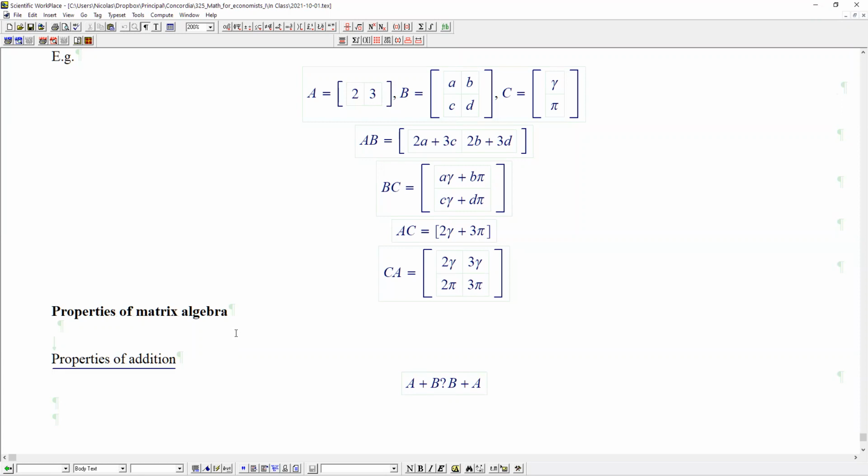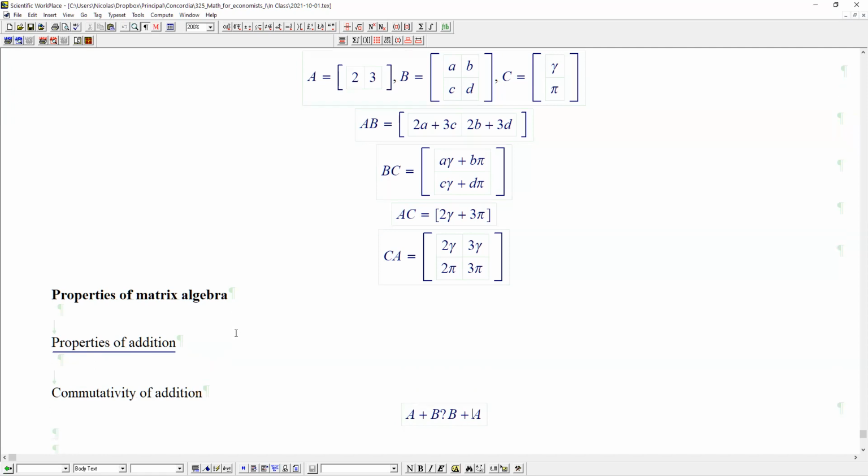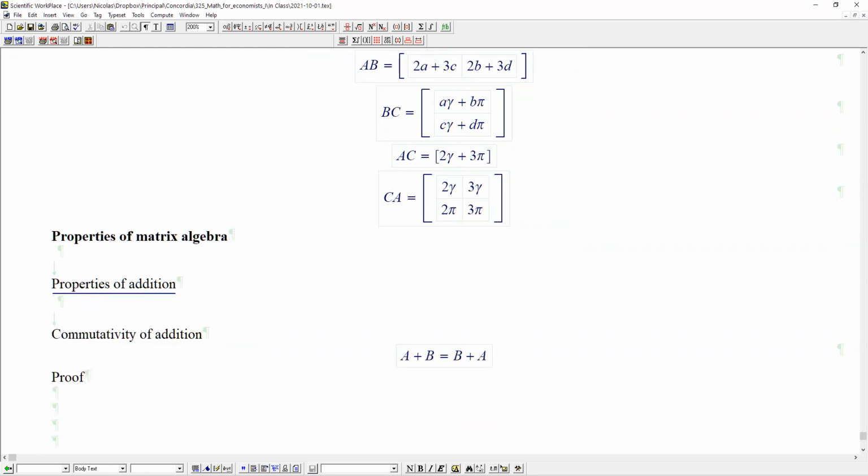You can venture a guess. Yes, equal. So how do we show this?